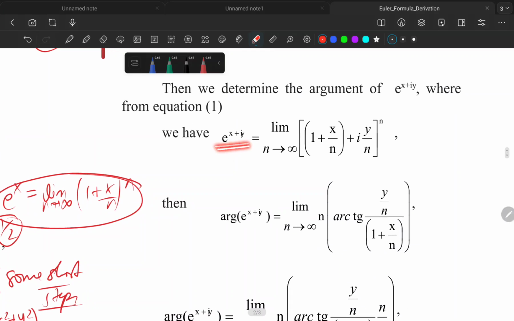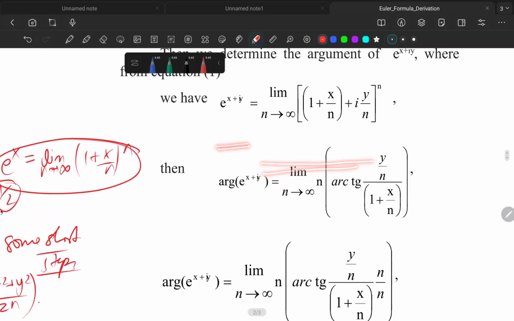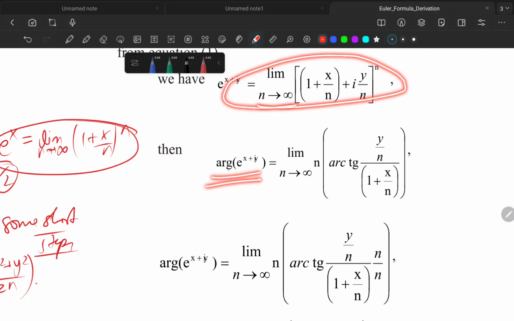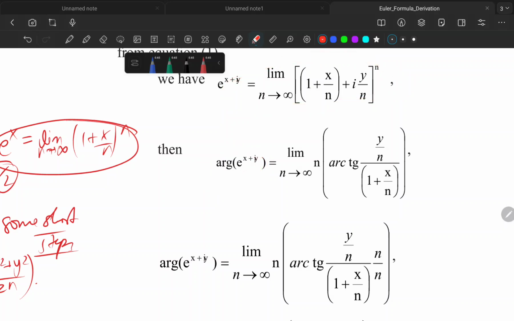So e to the x plus iy is represented like that, as we have seen earlier. Just taking the argument on both sides, the argument of e to the x plus iy becomes the limit as n tends to infinity of n. Well, n is independent of the argument, so it becomes the arctangent of this thing.